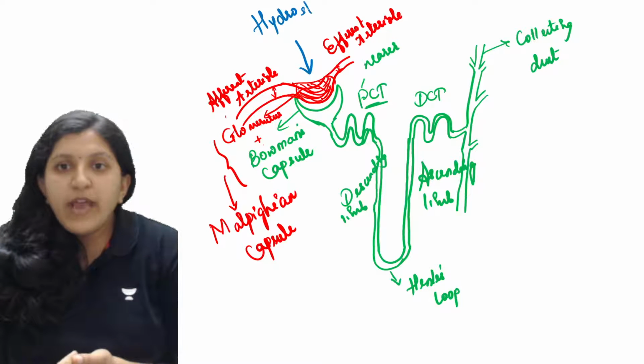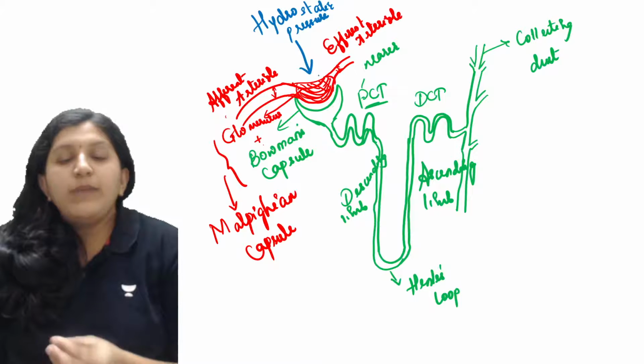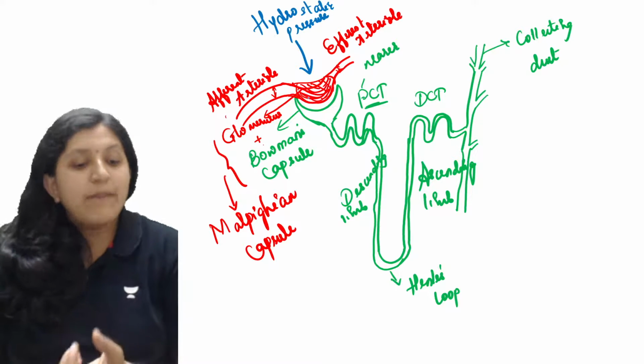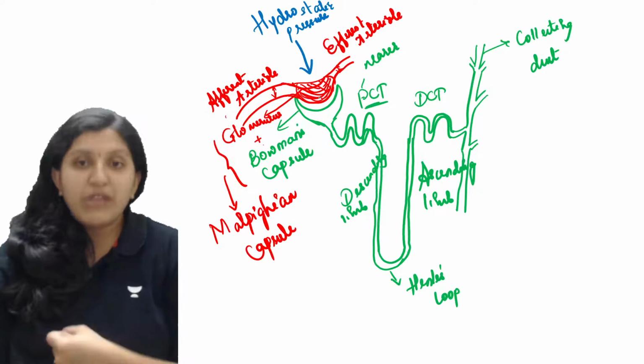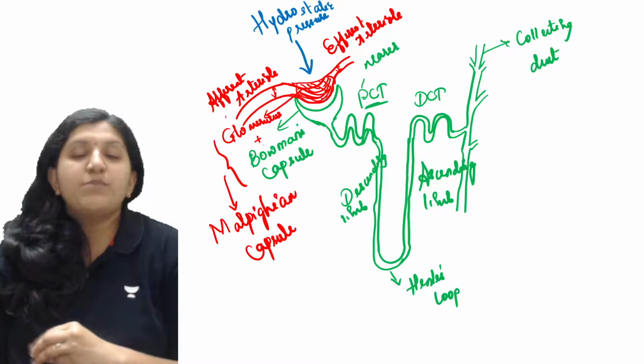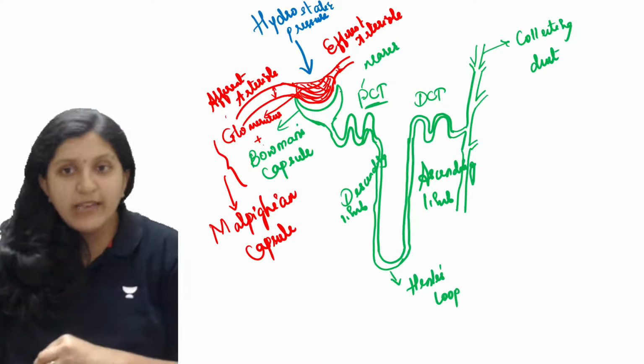So you can find hydrostatic pressure generated due to the narrow capillary, and the blood itself, in the capillary, undergoes maximum filtration, the ultrafiltration process. So the blood is getting filtered here.